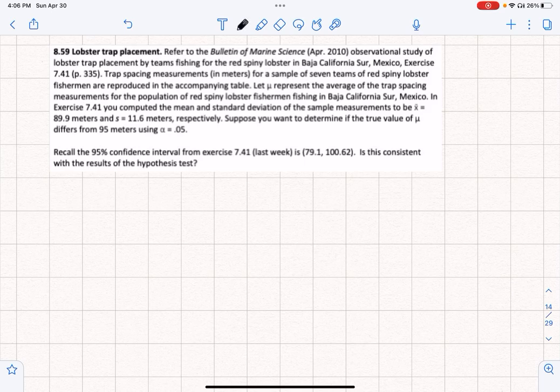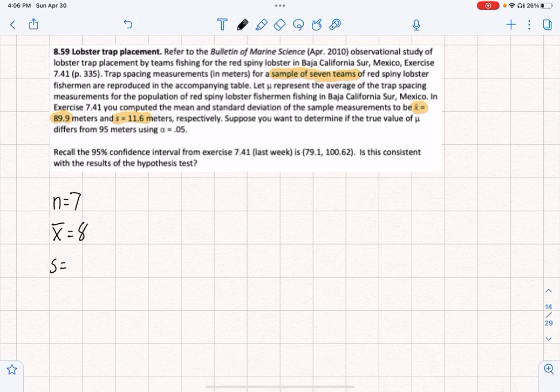So just as before, I'm just going to write down the information that was provided. So n here was a sample of 7 teams. Okay, n here is 7. X bar and s. So we were provided that x bar was 89.9 and s was 11.6.